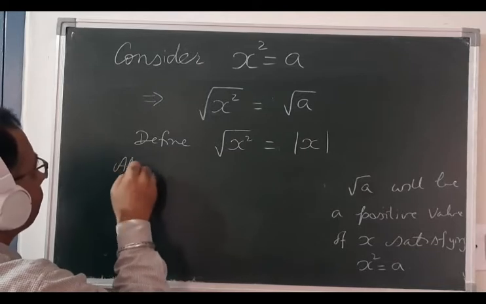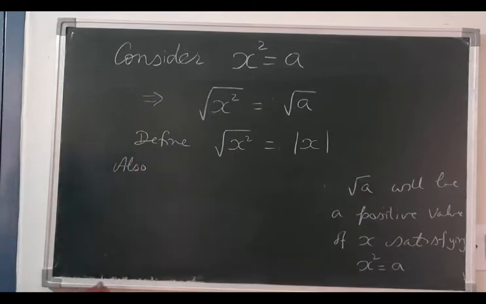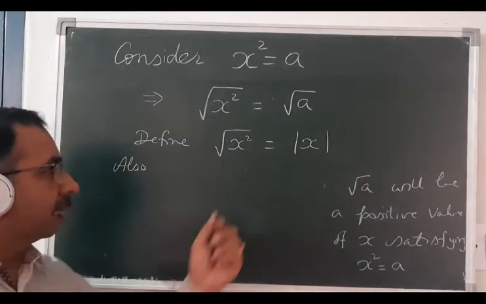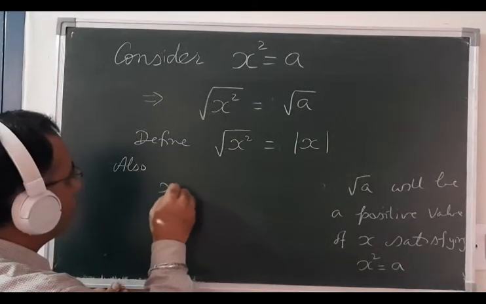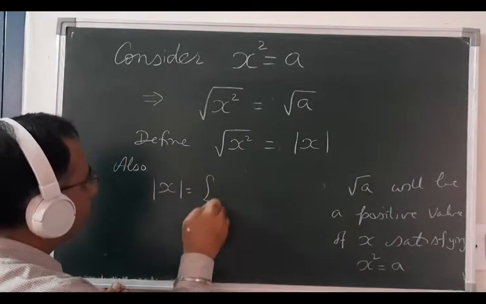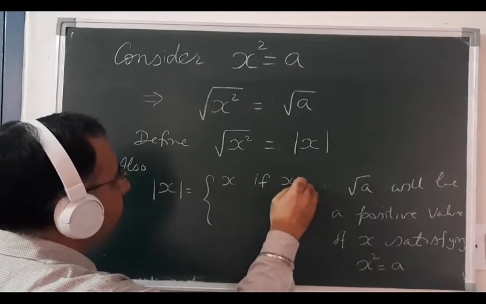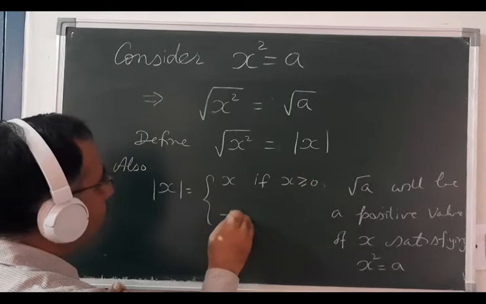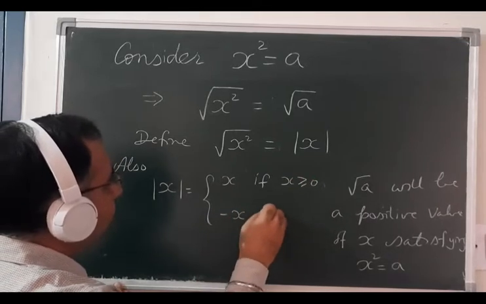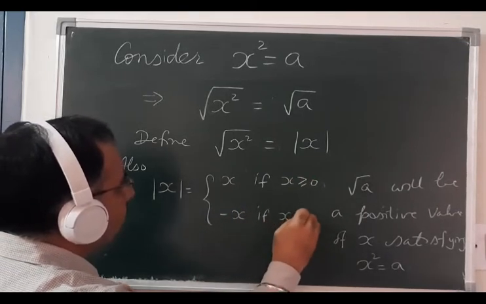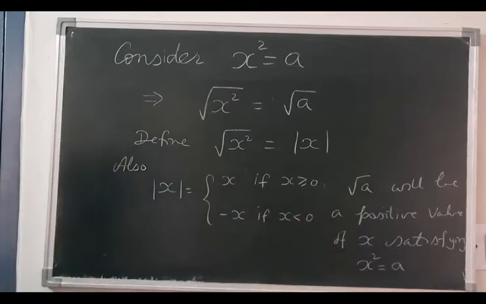Also, another equivalent way of writing this mod x is: this number is x if x is greater than or equal to 0, and minus x if x is less than 0.